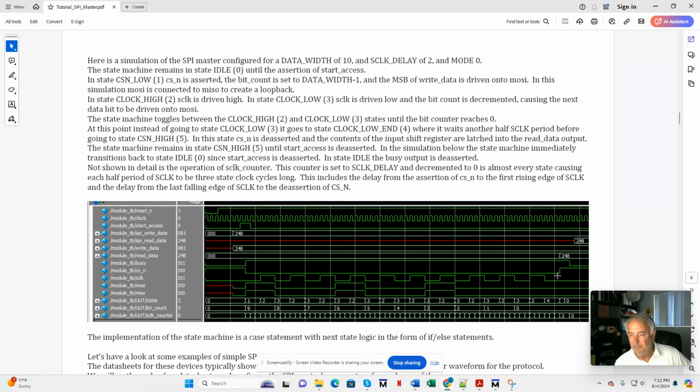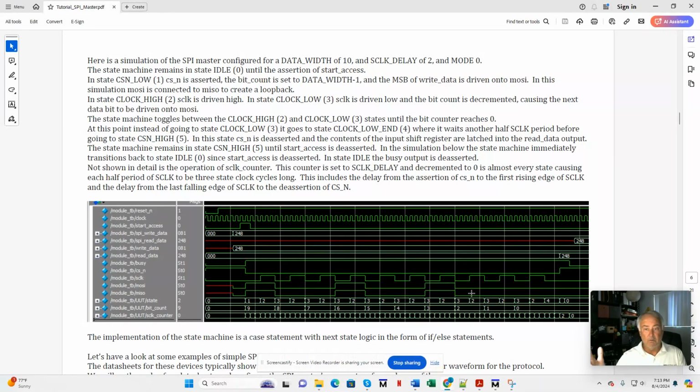We latch that onto the read data output. And then we wait in this state until the start access signal's deasserted. Since it's already deasserted, we don't spend a lot of time in that state, and we transition back to the idle state. So there we go. 6 states. We've implemented our little SPI Master state machine.